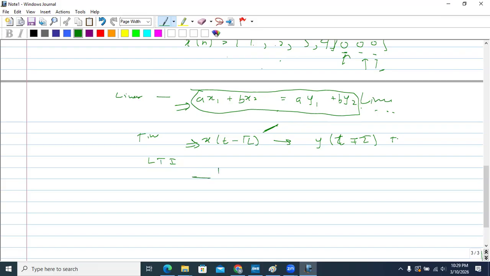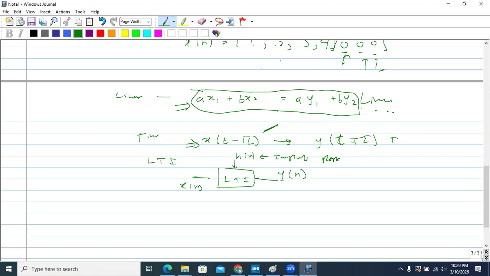You know that for an LTI system, the input is referred to as xn, the output as yn, and there is another thing, hn. This hn is referred to as the impulse response.